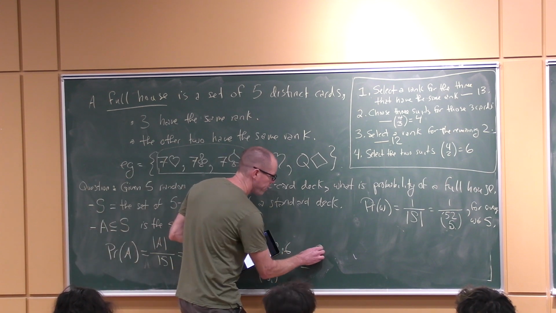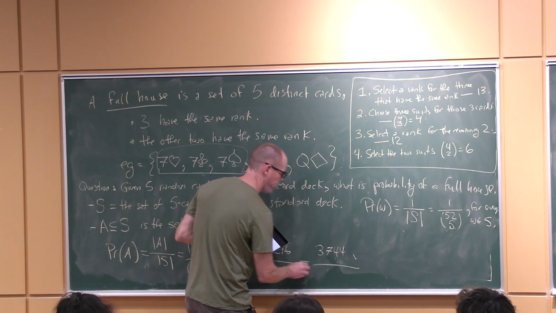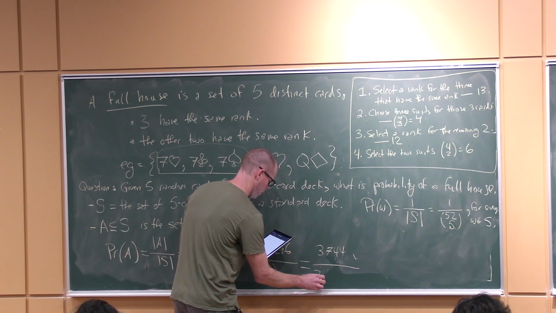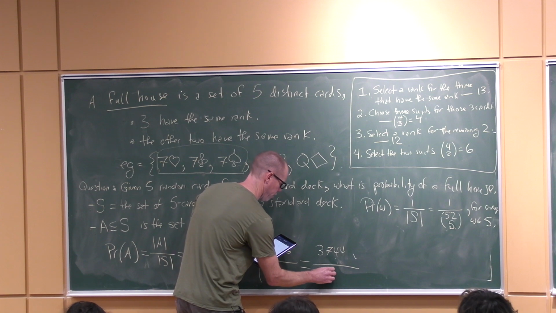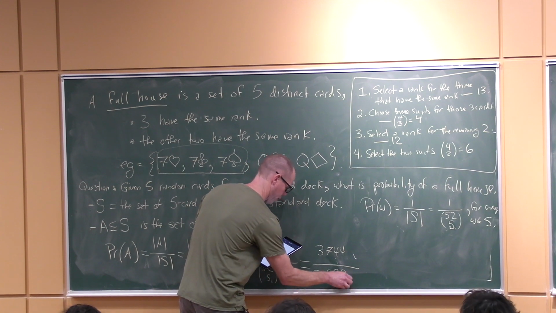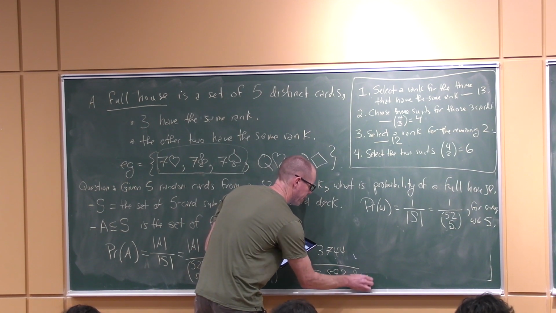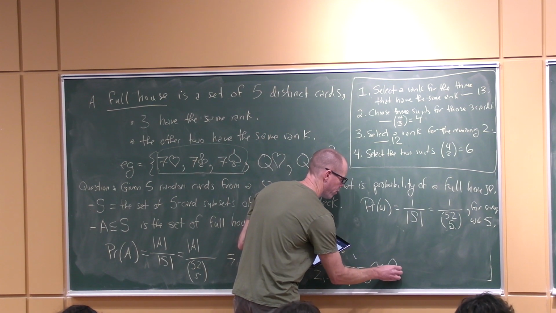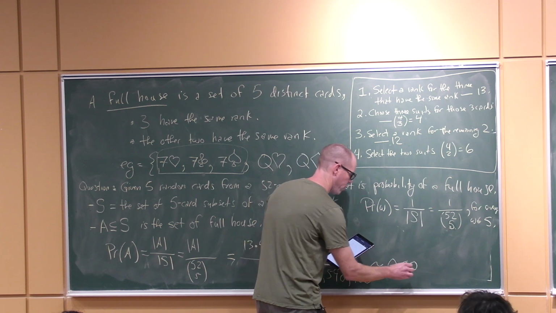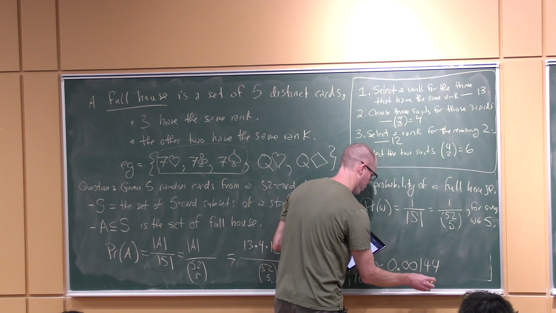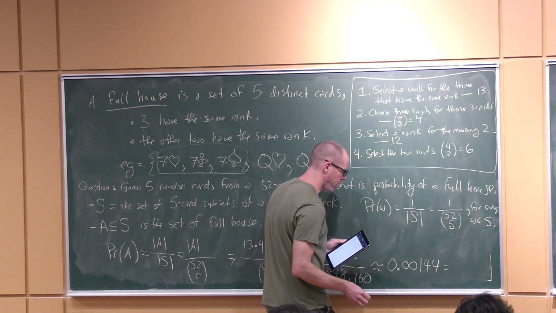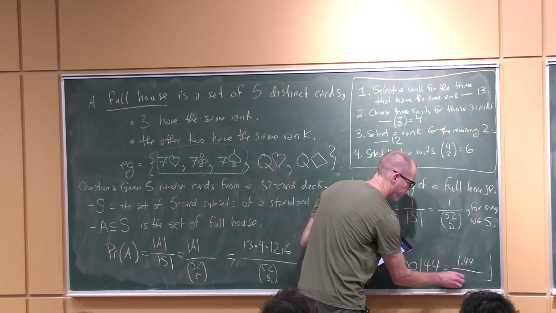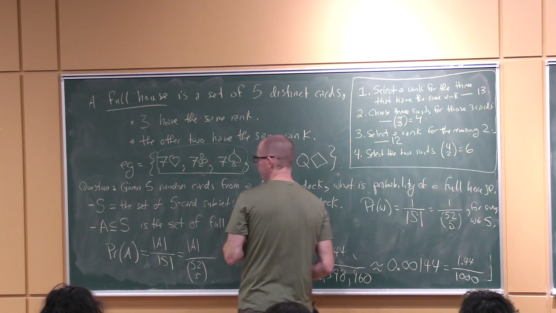Up on top is 3,744, and on the bottom is 2,598,960, which is approximately 0.00144, which you can write another way as about 1.44 out of 1,000.